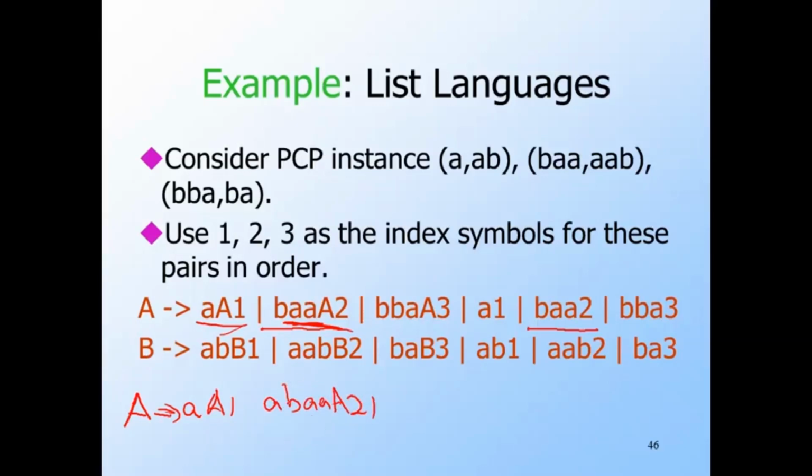And then we'll use the third pair, but we want to end it, so we'll use that production, and that gives us A, B, A, B, B, A. That's that. And then 3, 2, 1.